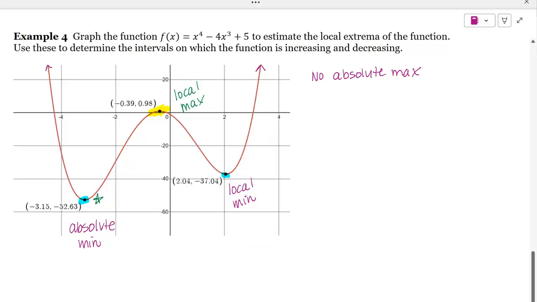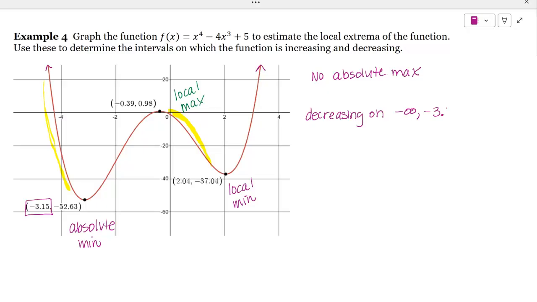All right, let's talk about where the graph is increasing and decreasing. So it looks like our graph is decreasing on a couple different spaces. First, over here on the left, and then here in the middle. I think I've got those two areas of decreasing. So we think that our graph is decreasing on negative infinity to, what's the x value here?